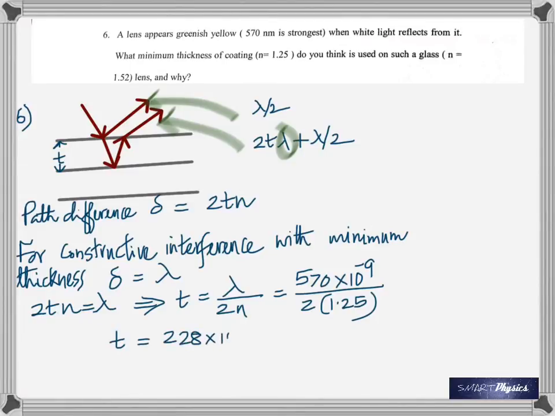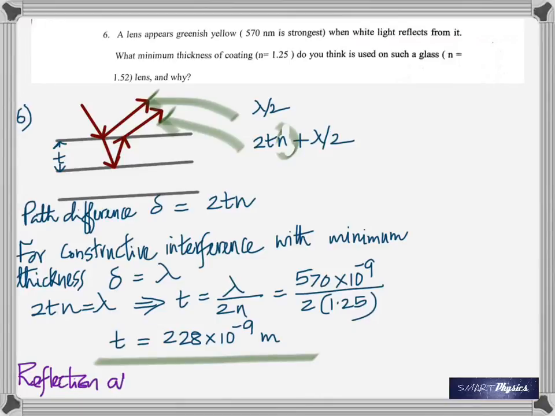The refractive index of the coating is 1.25. You calculate it, and you get 228 times 10 to the negative 9 meter. I'm trying to stress this point: when reflection takes place at a denser surface, that means when it's trying to go from less dense to more dense, like in both these cases, there will be an additional path jump of lambda by 2.